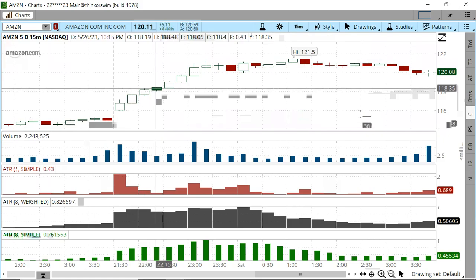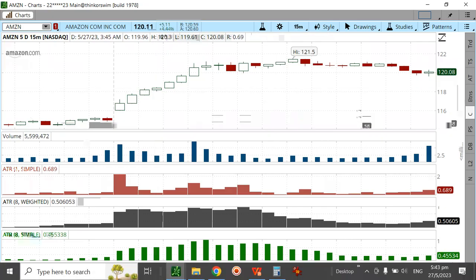Let's say now we enter at 119. Let's say your budget is $8,000 and your risk budget is $200. So how many shares can you buy with $8,000 worth of capital?